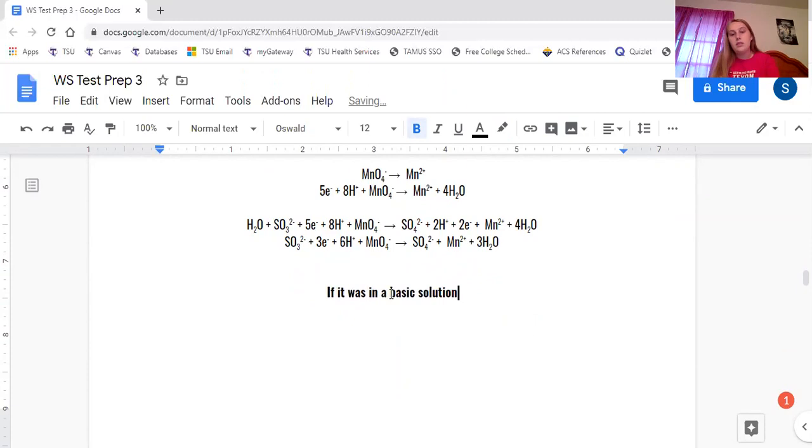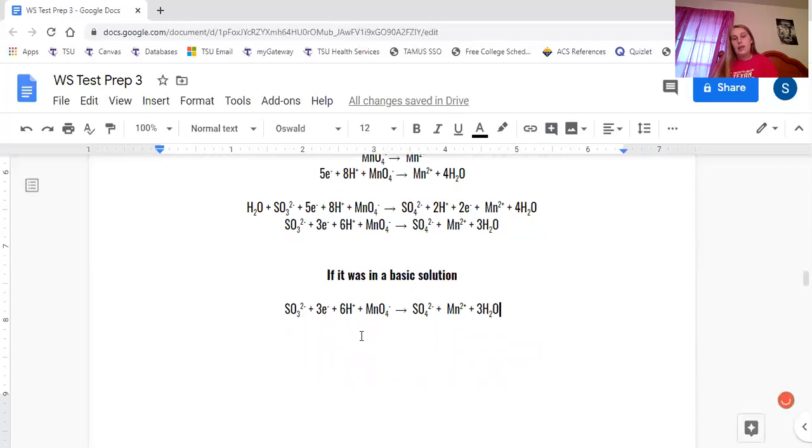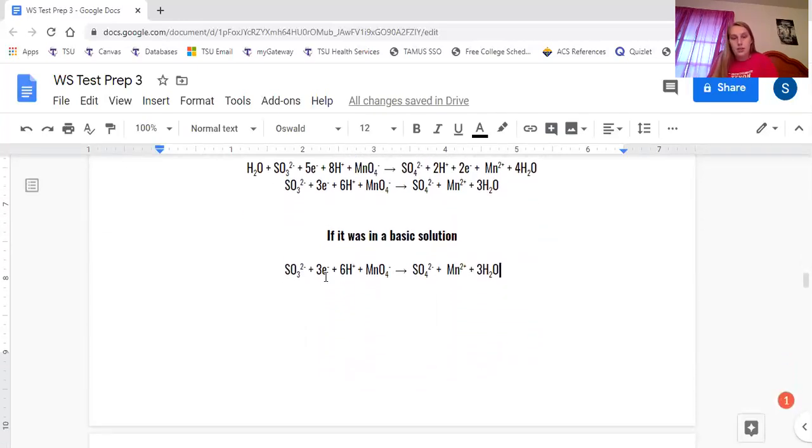If it was in a basic solution, then once we got to this point, we would take this, and it's basic, so we cannot have these hydrogens over here. That's not okay. So we're going to have to add OH minus to turn those into waters because it's basic.